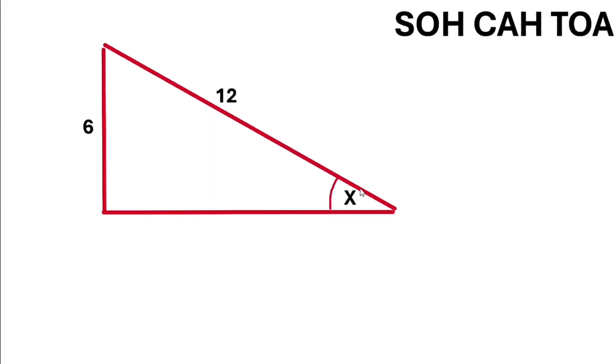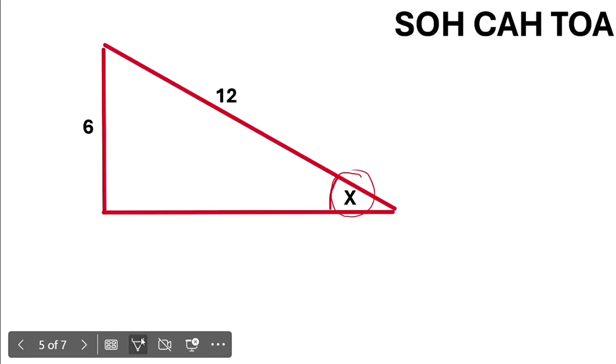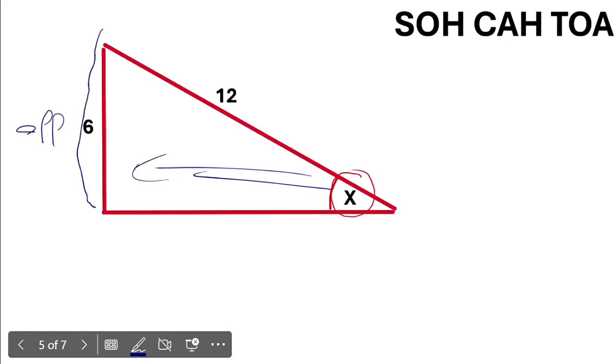Now here we have the angle x is unknown, and the side opposite angle x is called opposite. This side opposite is equal to 6, and here we have the right angle. The side opposite the right angle is called hypotenuse.